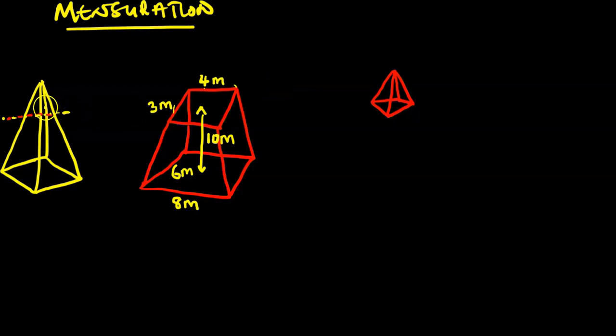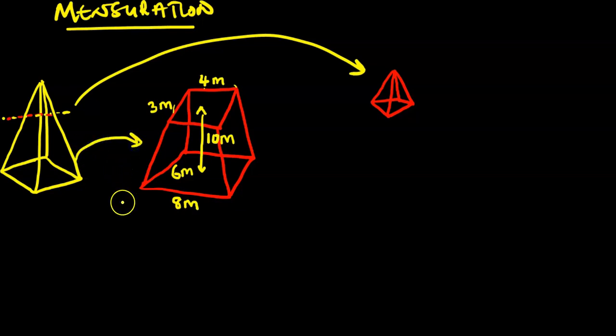This part is showing a pyramid being cut, and now we have this part, which is the top part that was removed, and the down part, it is this one. So every time you are given a question to calculate the volume of such a shape, consider its original shape. The original shape was this one. That is the first thing.